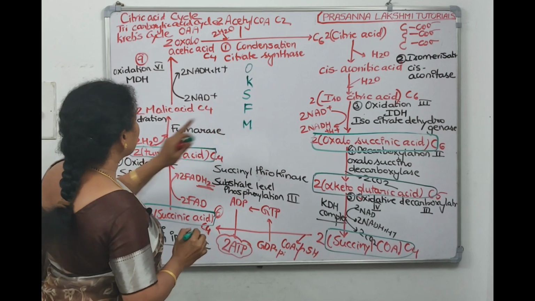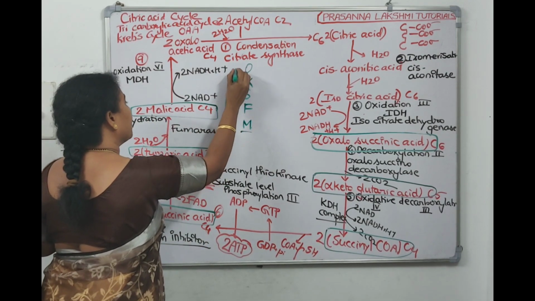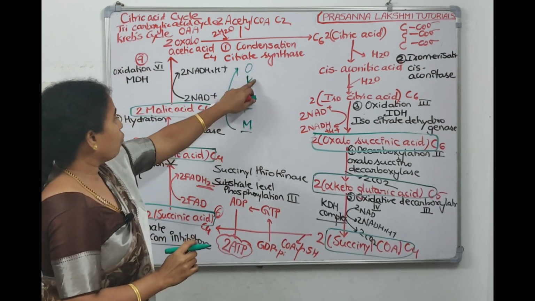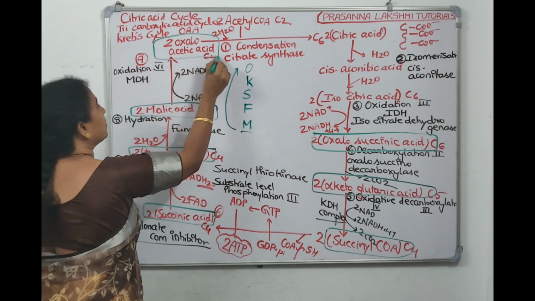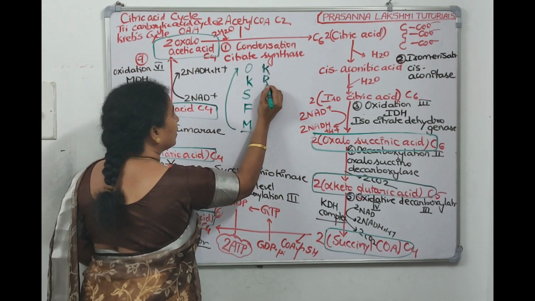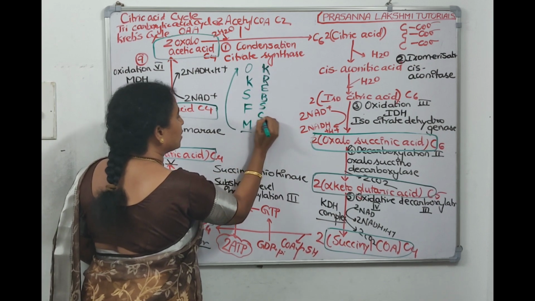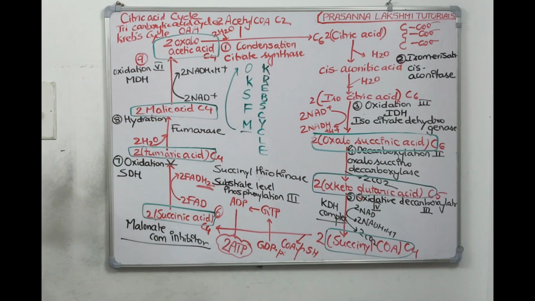After F, an acid with M will come, that is malic acid. After M, come back again to an acid with O, oxaloacetic acid. So like this, if you remember, it will be easy for you to study Krebs cycle. This is Krebs cycle. Take a screenshot, we'll continue.